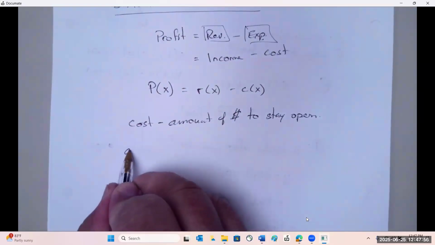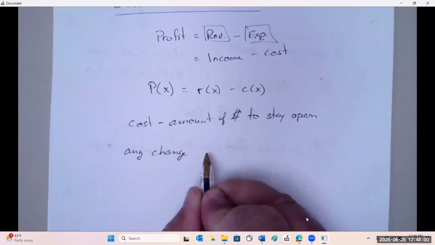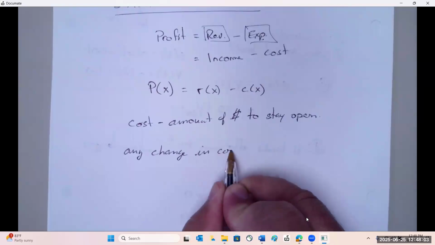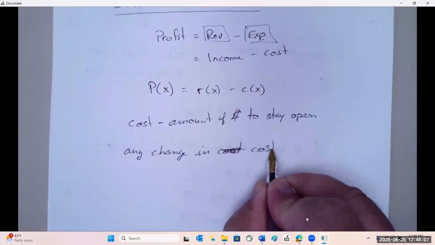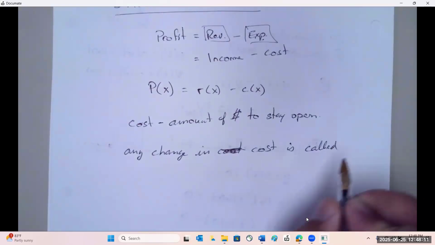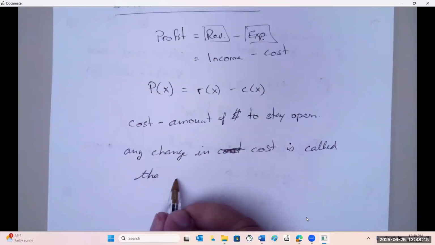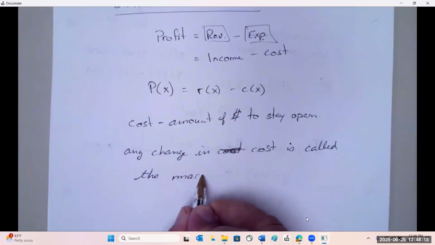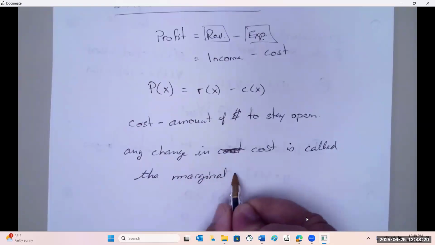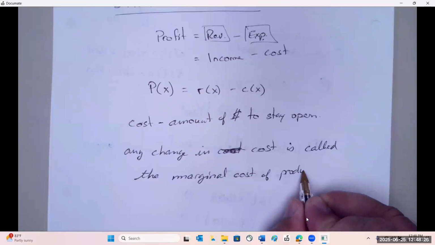So any change in cost is called the marginal cost of production.